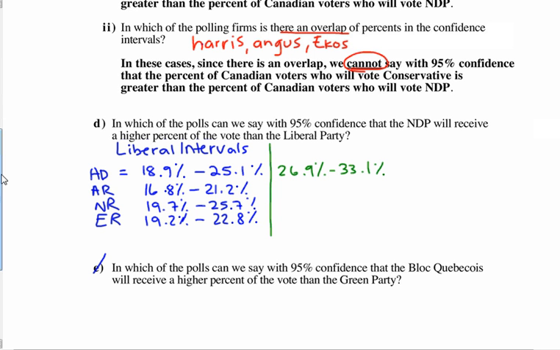Looking at this, there's no overlap. We can see this range does not come in contact with that other range. Then we have 30.8% to 35.2%. So again, 16.8 to 21.2 and then 30 to 35, there's no overlap.